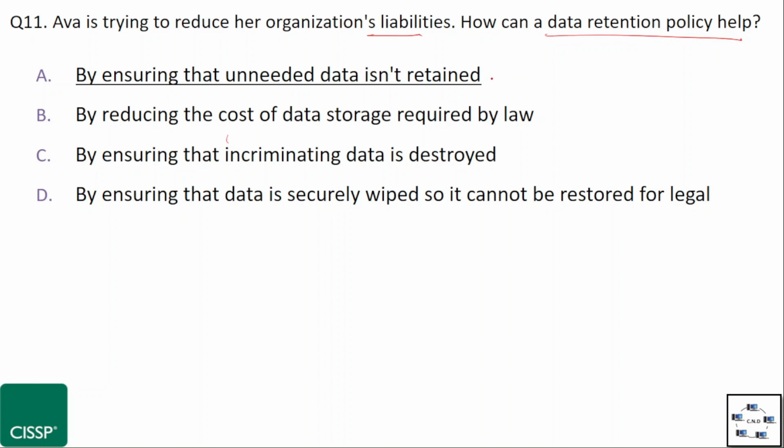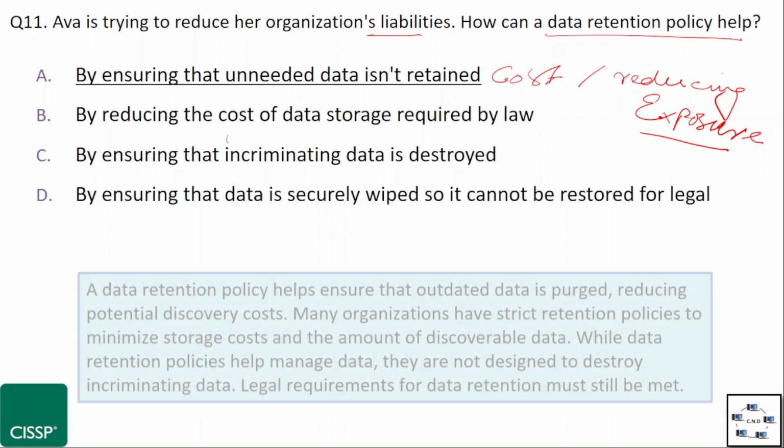Because it will do so by reducing the cost of retaining the unneeded data as well as reducing the chances of exposure. If you don't keep the unneeded data, you won't have the probability of its exposure. So in that way you can reduce your organization's liability.